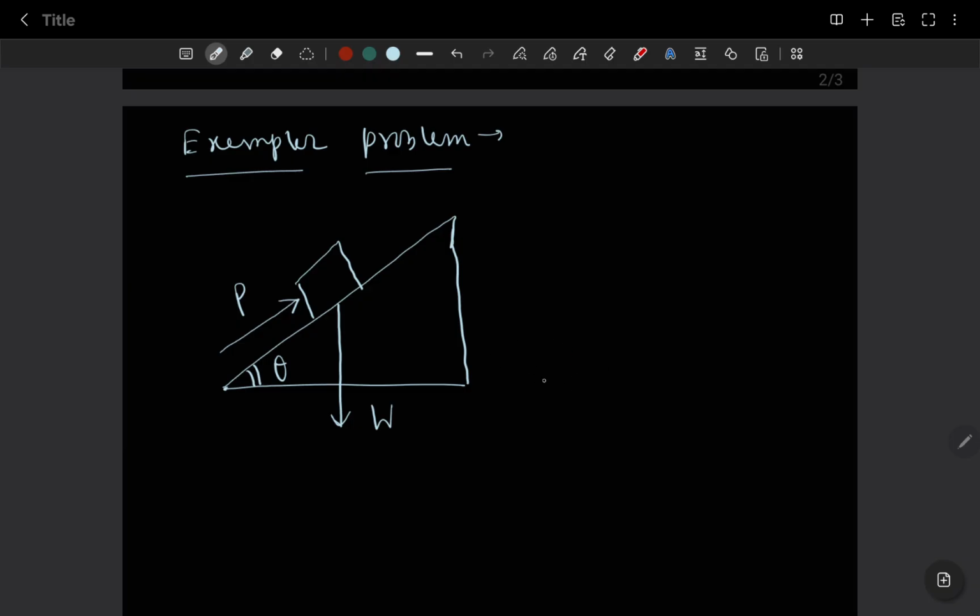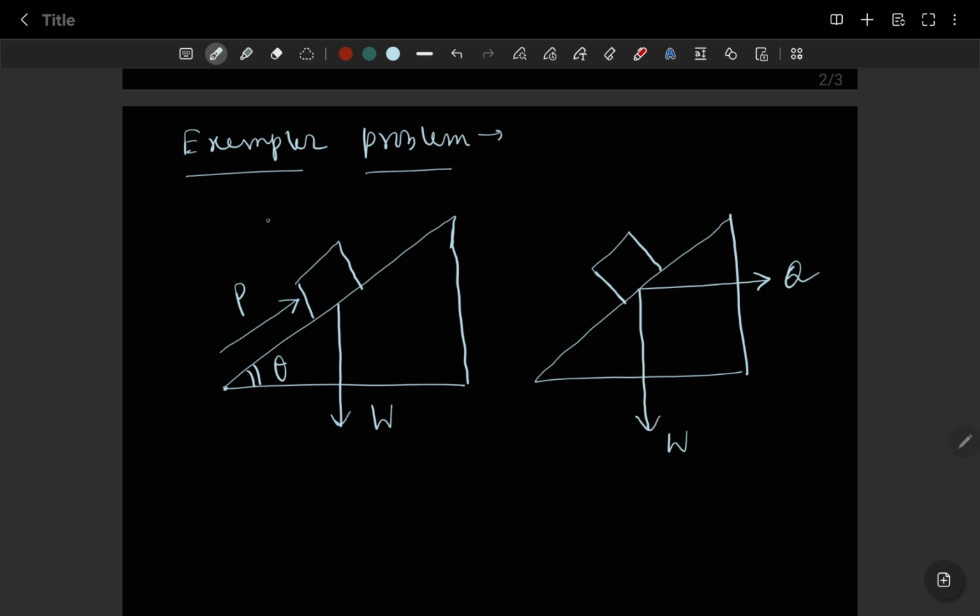In the second case, the same inclined plane, the same block, now the force Q is acting on the block horizontally. This Q also manages the block to stay at rest on the inclined plane. So this is W. The normal reaction force in this case is N1 and in this case is N2.